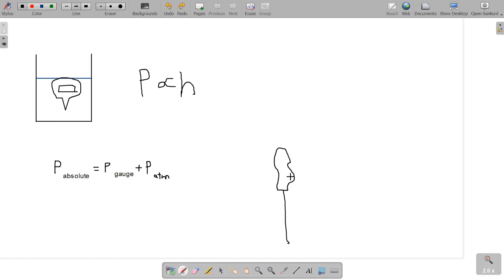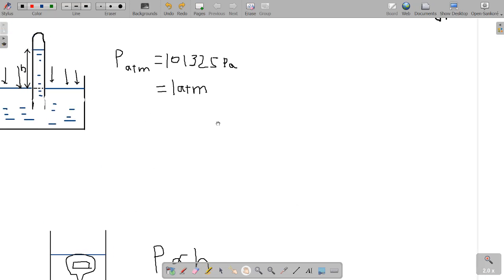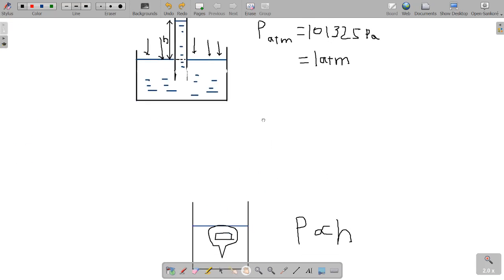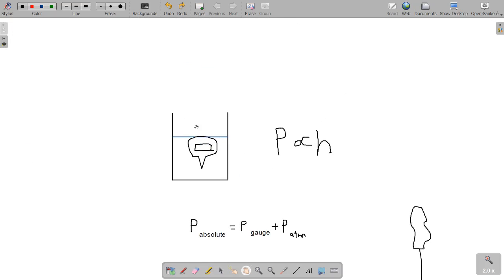Would you rather hear me say the absolute pressure of the balloon is 101325 pascals, or the gauge pressure is 0 pascals? I think most of you will want to hear the second one, since it's simpler. Most of the time when we talk about pressure, we subtract the atmospheric pressure from it to make our lives easier.